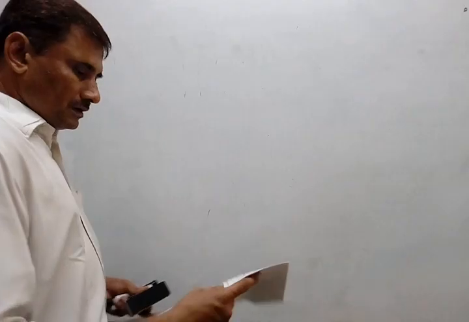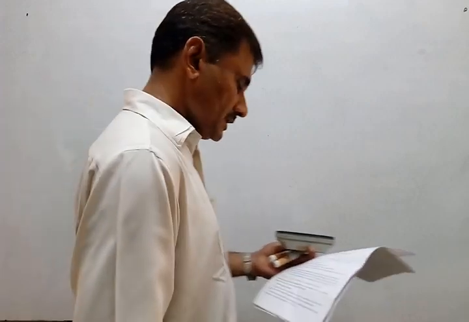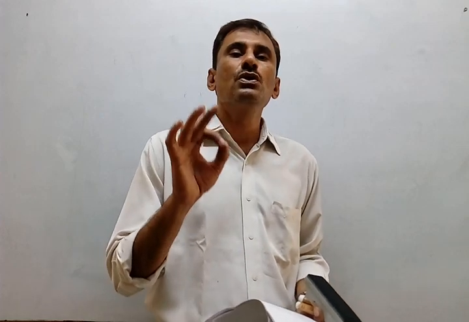Now just start and look from question number 2 in exercise 4.2. In question number 2, it is given: solve the problems given in example 1. Example 1 is already given in the textbook, and they have formed the equations only, not solved them. So now we have to solve those equations.